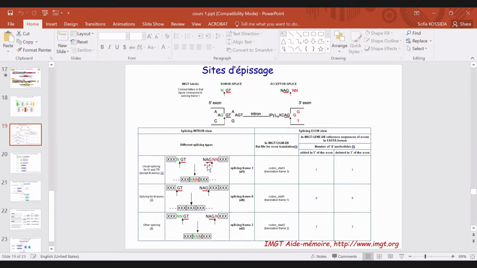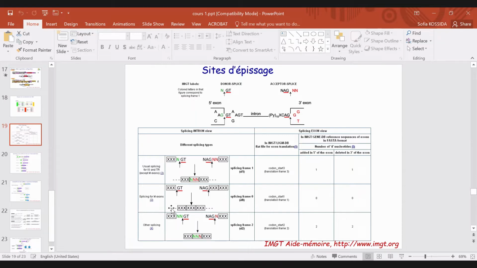If we take one nucleotide before the GT and 2 nucleotides after the AG, we have splicing frame 1. If there is no nucleotide, I mean, if we are at the correct reading frame and there is only the GT and the AG, and this area is deleted and the splicing continues normally, then we are at splicing frame 0.